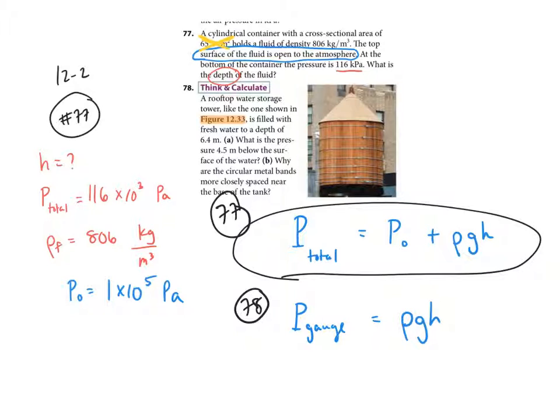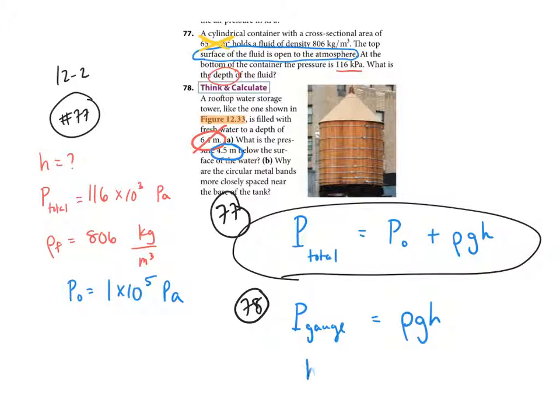How about part B to number 78? Part A you can figure out on your own. That's just numbers. Remember, by the way, for part A, 6.4 is extraneous too. You don't need it. You're asked for the pressure 4.5 meters below the surface.